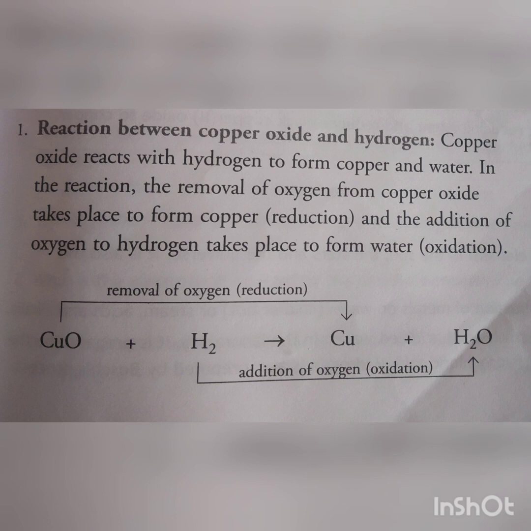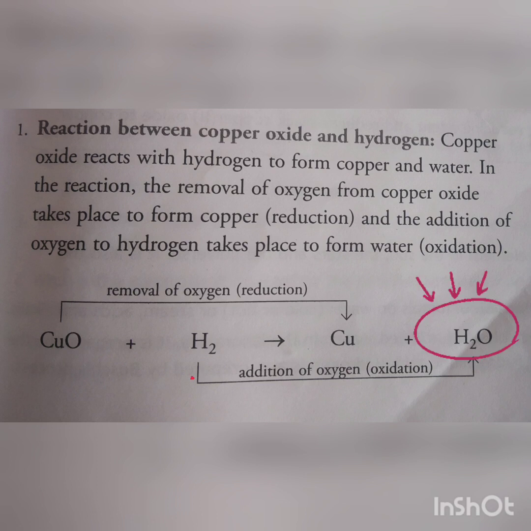Now, let's see an example of a redox reaction, a reaction in which oxidation and reduction occur simultaneously. The reaction between copper oxide and hydrogen. CuO plus H2 gives out Cu plus H2O. Copper oxide is reduced to form copper. CuO forms Cu. That means oxygen has been removed from copper oxide. So here reduction takes place.